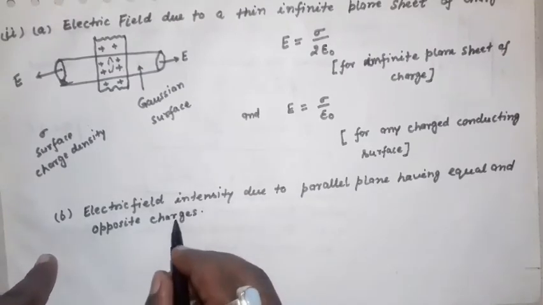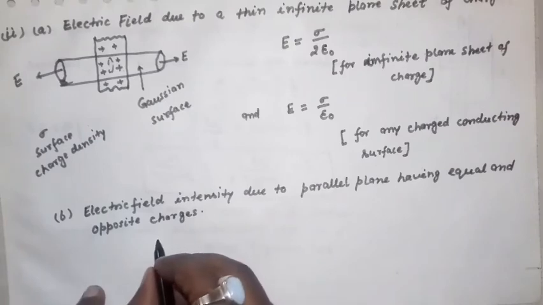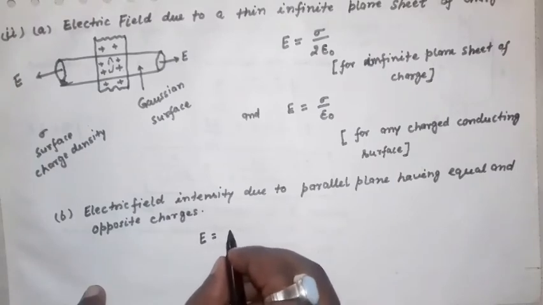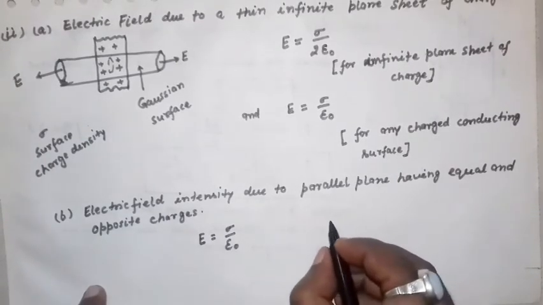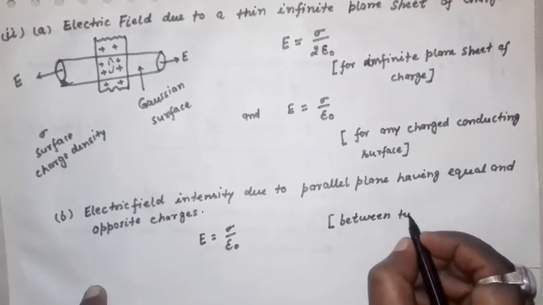In this case, if we consider the electric field between two plates, then this will be equal to E equal to sigma upon epsilon naught, and this value is for between two plates.